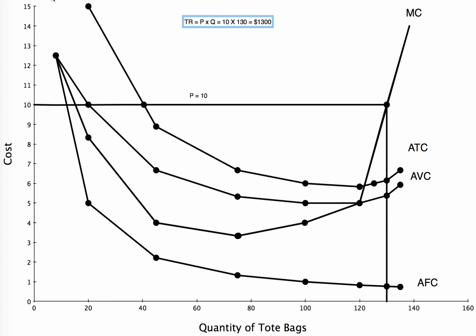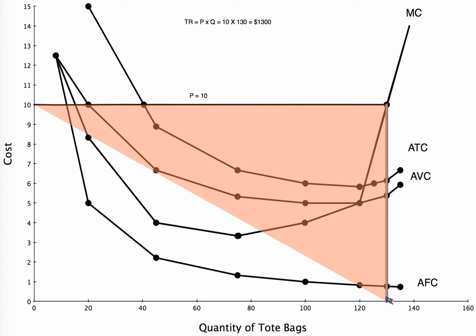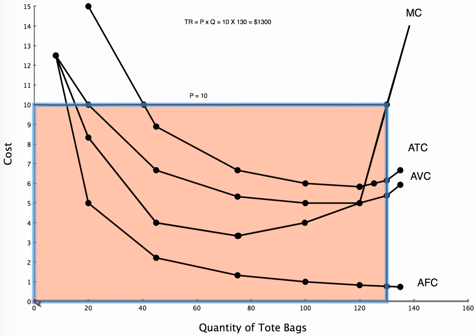The total revenue is represented by the shaded area that you see here. Okay. Now, when we look at our total revenue, that's how much money is coming in. $1,300 is coming in.